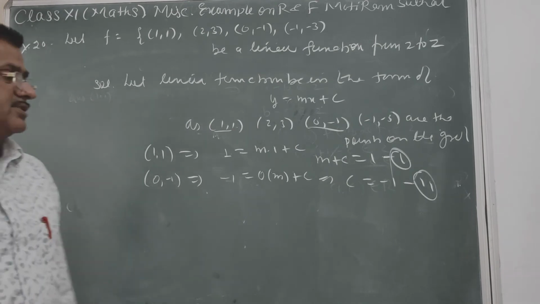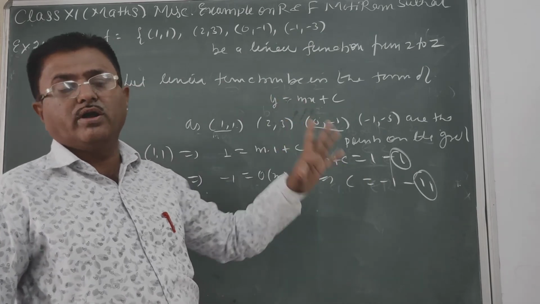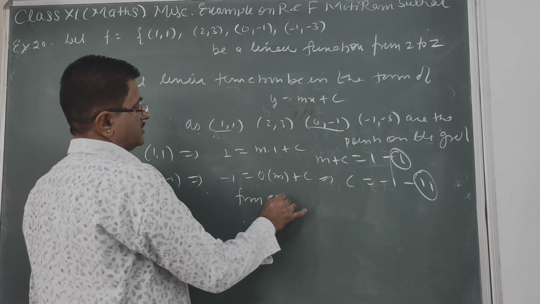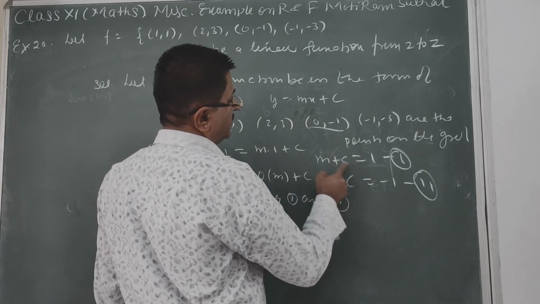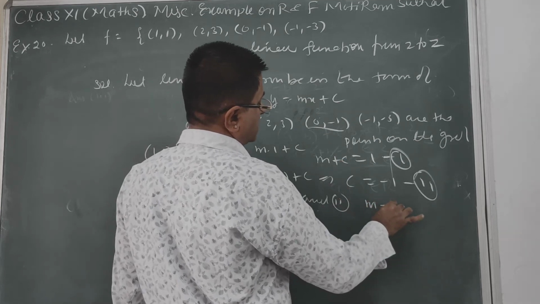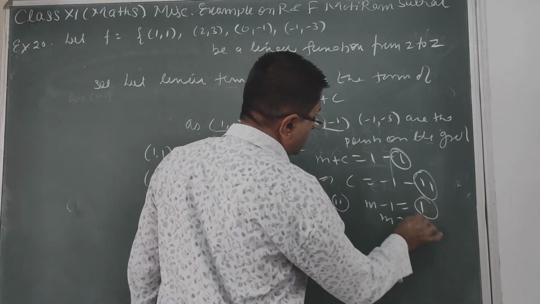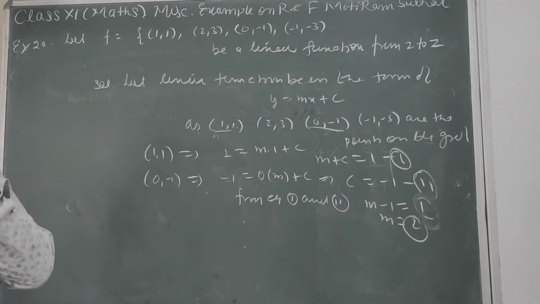Now this value of c from equation second we put in equation 1. So from equation 1 and 2, c put here -1. So m minus 1 equal to 1, or m equal to 2. So we get the values of m and c. Both values we have to find out. So m equal to 2, c equal to -1.